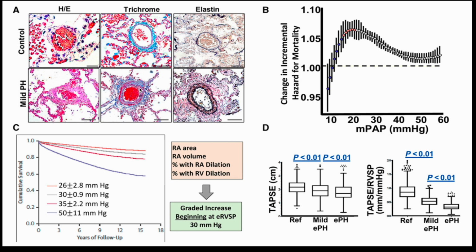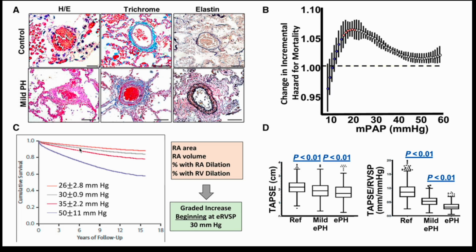You can see the vessel wall is thicker than the control. So the implication is structural damage starts early, even before severe pulmonary hypertension has occurred. So you can see here the vessel wall is so thick, you have fibrosis. So even though the disease is mild clinically, the pathophysiology has aggravated.